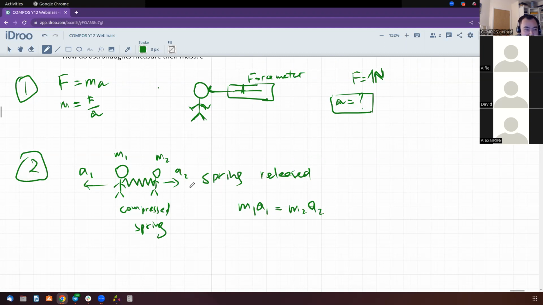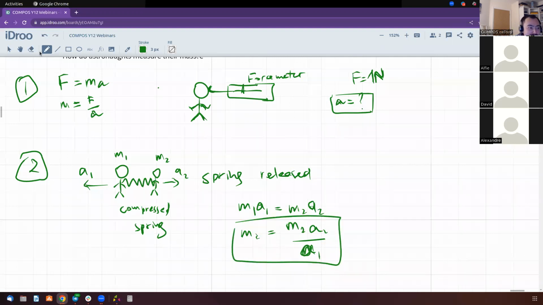In other words, to find the mass M1, you take the known mass M2, times A2 divided by A1. So you measure the accelerations of both astronauts. If you know the mass of astronaut 2, let's say we have a standard perfectly spherical astronaut of mass 1 kilogram, then this becomes 1.